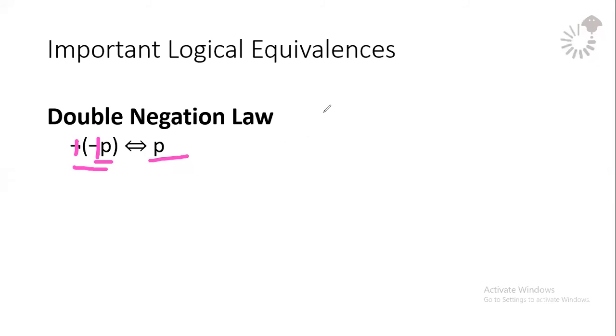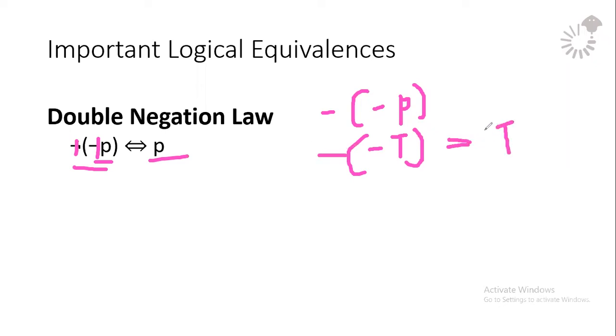So let's try this. Let's prove double negation. If the value of P is true, not true is false, then you negate it, not false is equivalent to true. So whatever its value is, that is also the result. How about false?